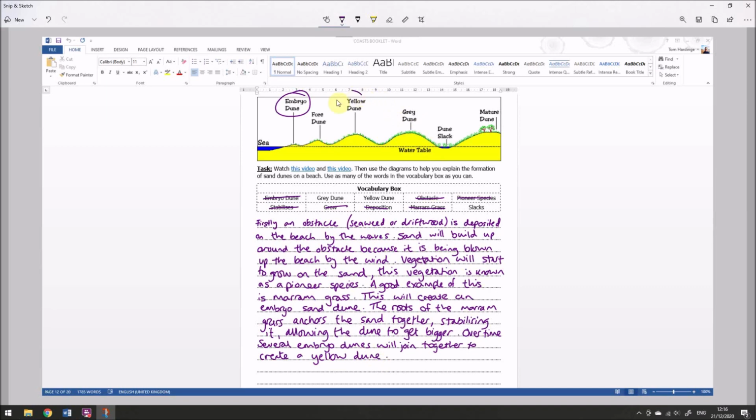The reason it's called a yellow dune is because still lots of sand is visible, and eventually that dune will become covered in vegetation until it becomes what we call a grey dune.